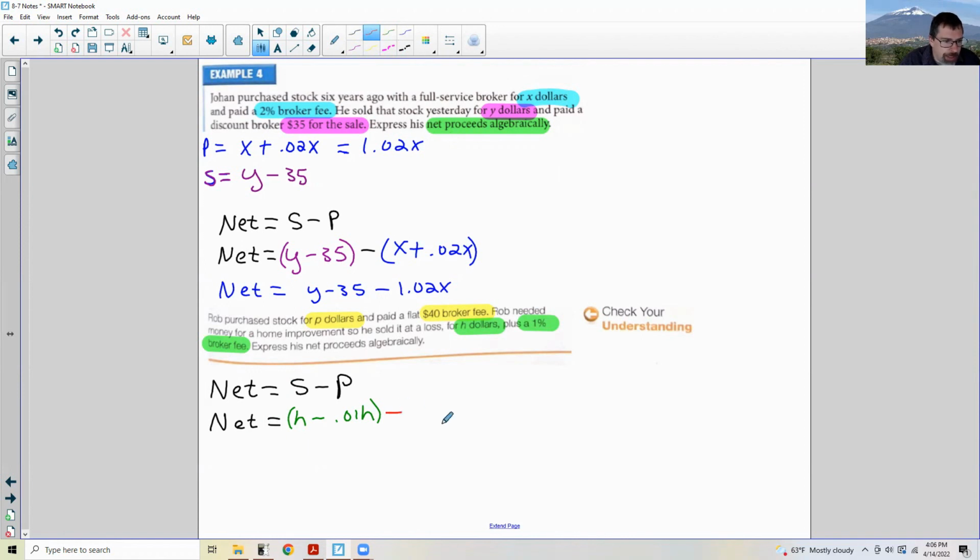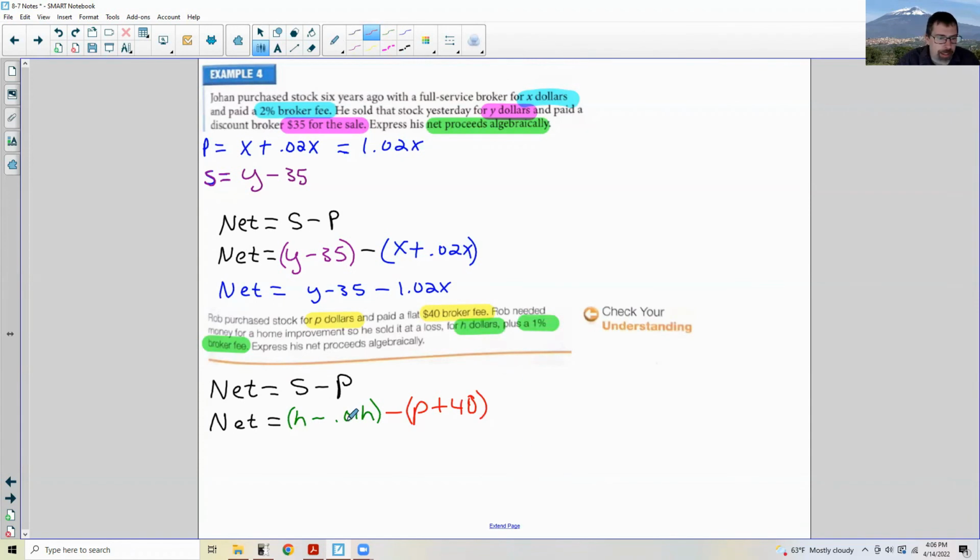Okay, minus P. Well, P is purchased for P dollars plus a $40 broker fee. So sold minus purchased. All right, so it's H minus 0.01H quantity minus P plus 40. I guess I could put that in parentheses because I'm separating sale from the purchase value.